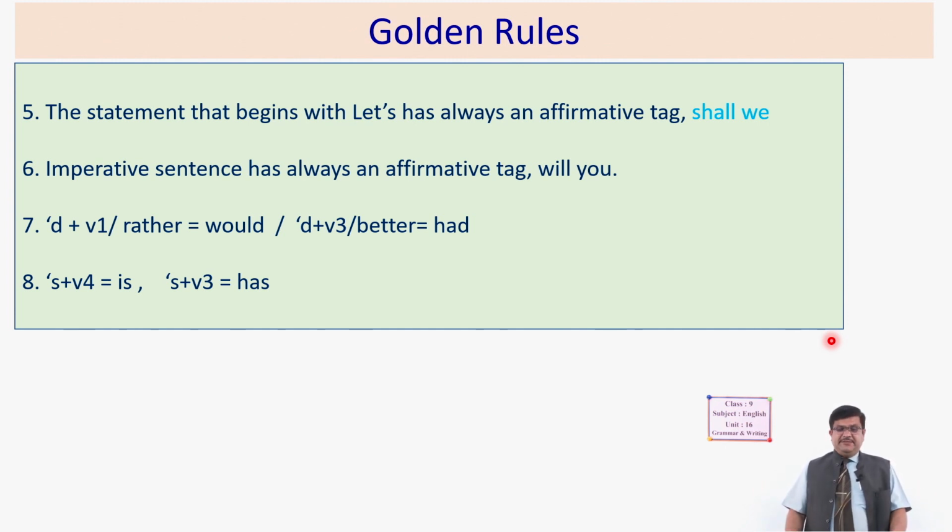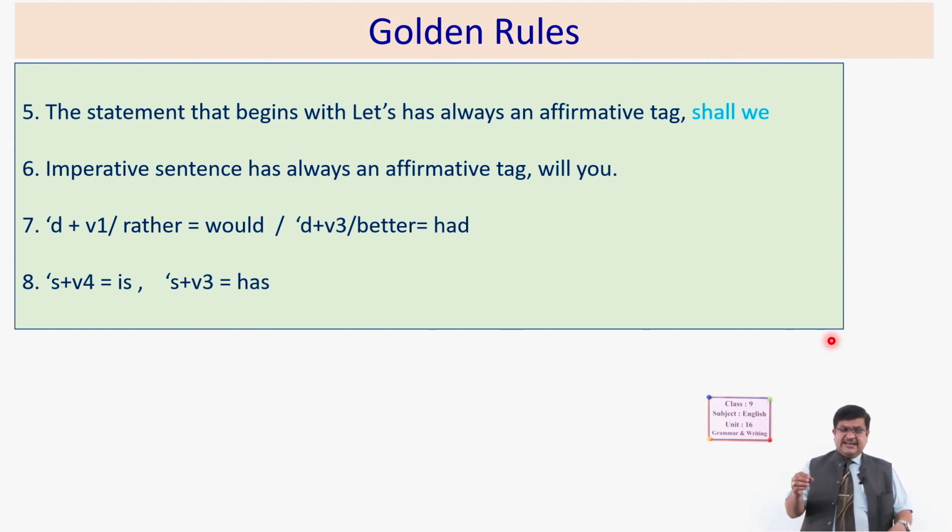Okay. Similarly, when a sentence comes with 'd with the root form of a verb, or "rather" or "would," and 'd with the past participle and "better," there must be "had." We have discussed this rule in the sentences already.